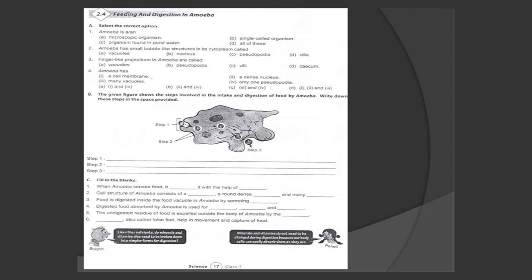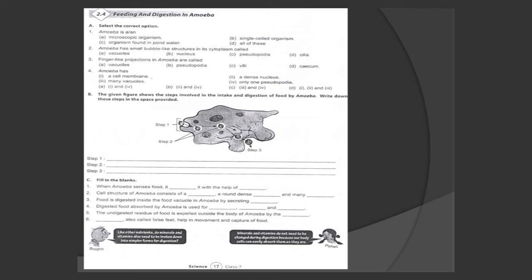Pseudo means false, podia means feet. Pseudopodia help in the movement and capture of food. So the answers: first, traps and pseudopodia. Second, cell membrane, nucleus, vacuole. Third, digestive juices. Fourth, growth, maintenance and multiplication. Fifth, vacuole. Sixth, pseudopodia.